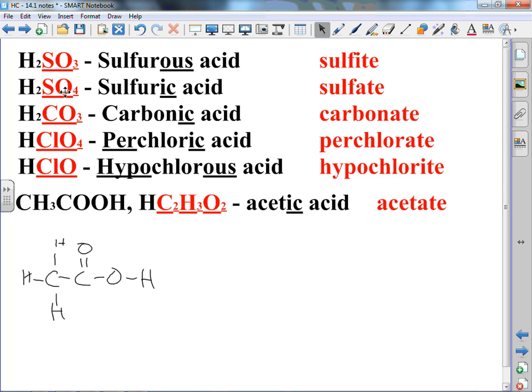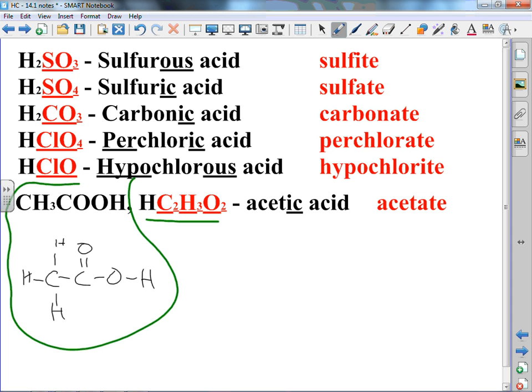The last one we'll talk a little bit about a lot in this chapter is acetic acid. It is the acid in vinegar. We can write it one of two ways. You can see CH3COOH, and that's its structural formula. That's what we have right here, its structure. But then we also have it written as a condensed formula, HC2H3O2.